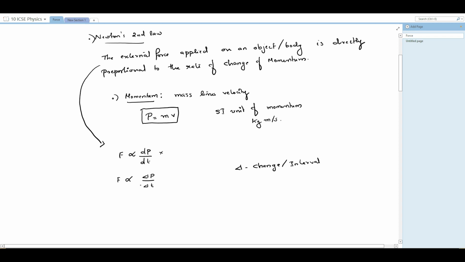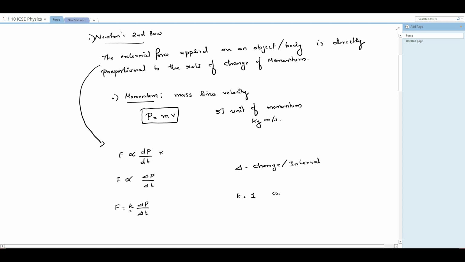Now obviously you can see a proportionality sign over here. By experiment we can find the constant, which we usually represent as k, so F = k delta p by delta t, and this k value is actually 1.